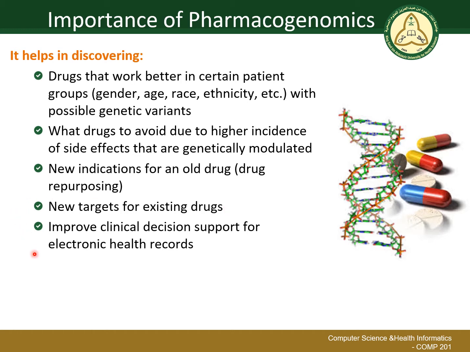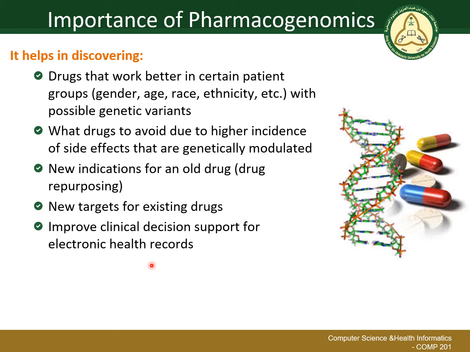And the last point is improving the clinical decision support for electronic health records. So in the current mode of prescribing drugs, the physician chooses the dosage of the medication based on the weight and the age of the patient.